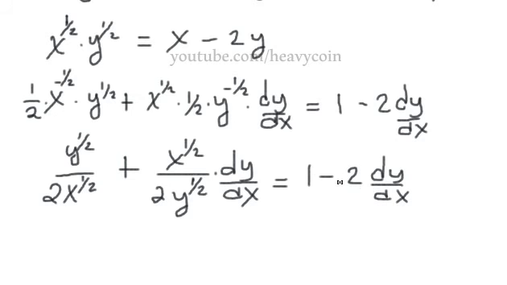Now what I'm going to do is trade places. I'm going to take this minus 2y dy over dx over to the left, since we got a dy over dx over here, and then I'm going to take this stuff over to the right hand side of the equal sign.